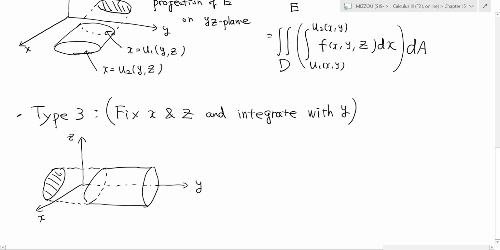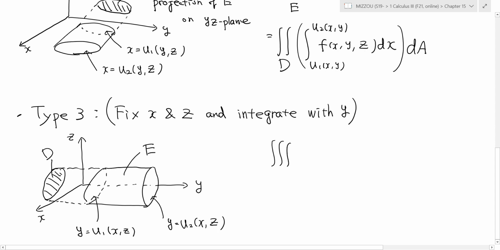So this is a shadow, this is D, and then the bottom surface is y equals u1 of x, z, and this one is y equals u2 of x, z, and this is our E.